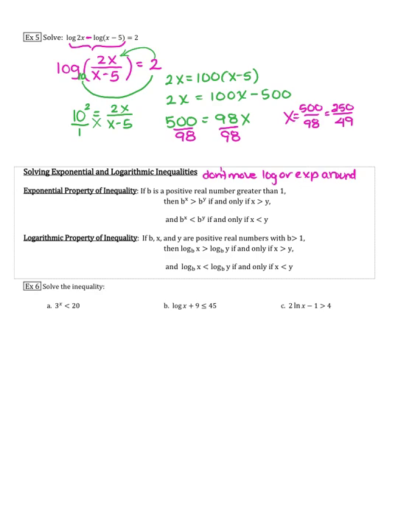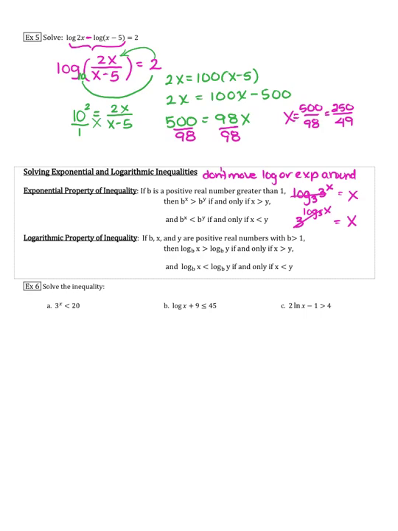We are going to be taking advantage of those properties where if the base of your log is the same as the base of the exponent, remember they cancel each other out. Same thing if I have an exponent, the base of the exponent is the same as the base of the log, they undo each other because they are inversely related, and you get back x.